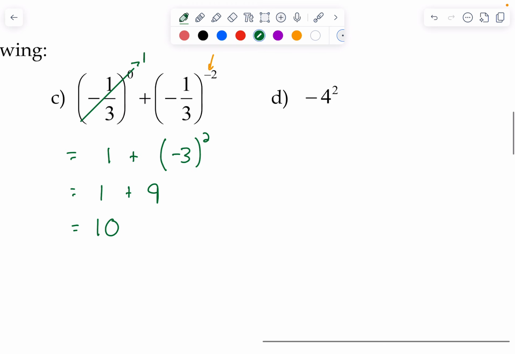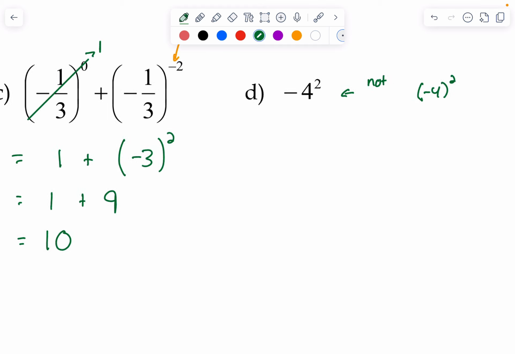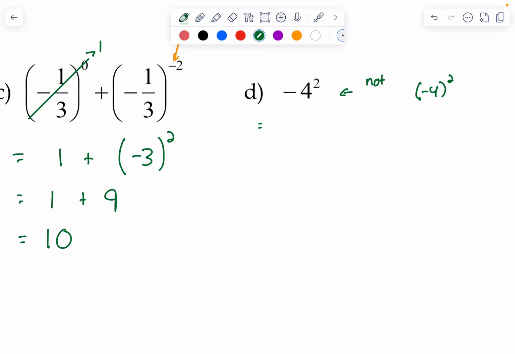D. Careful with this one, okay? What this problem is not saying is that this is not the same as minus 4 over 2, okay? Those brackets mean everything. Because what this is technically saying is when I see negative and then 4 to the power of 2, this is like me saying negative 1 multiplying 4 squared.